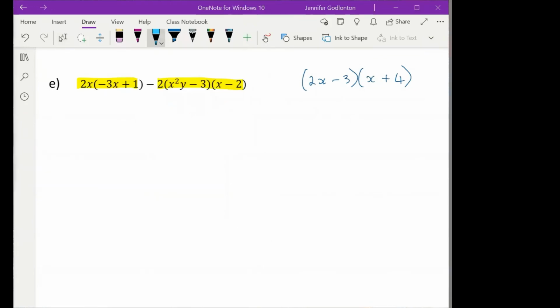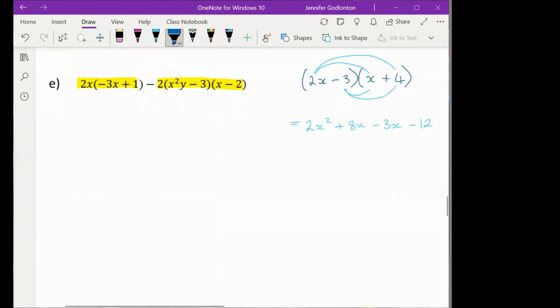Okay, those of you working through blue, I'm going to start working through it on the board. So let's see how you went. So we're going to have 2x times x, which gives me 2x squared. Then we have 2x times 4, which is going to give me 8x. We've got negative 3 times x, which is negative 3x, and negative 3 times 4, which is negative 12.